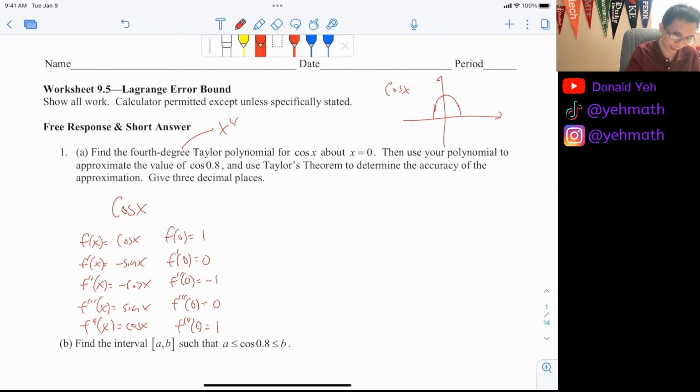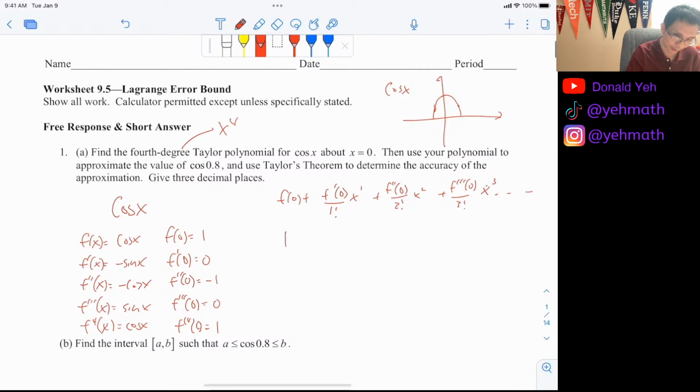So if I do the Taylor series, I'm gonna do f of 0 plus f prime of 0 over 1 factorial times x to the first, plus f double prime of 0 over 2 factorial times x to the second, plus f triple prime of 0 over 3 factorial times x to the third, and so on and so on.